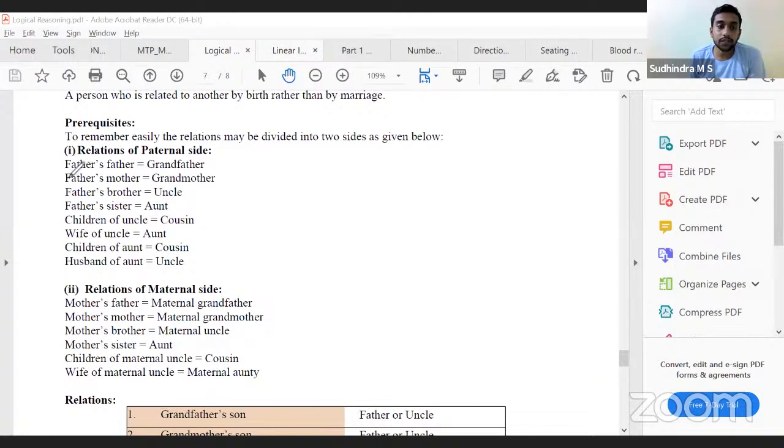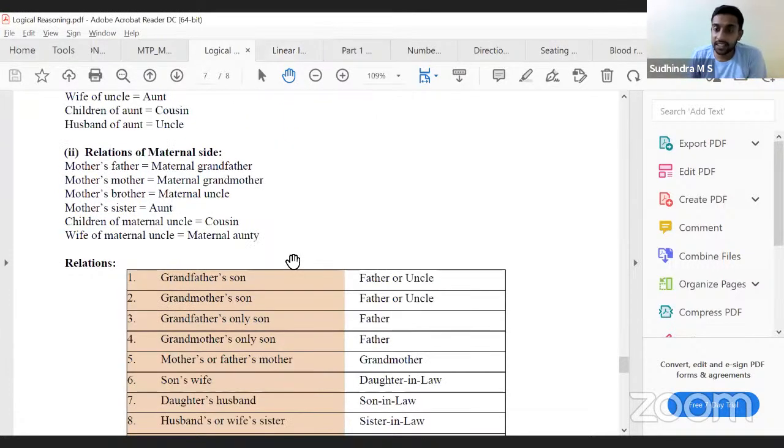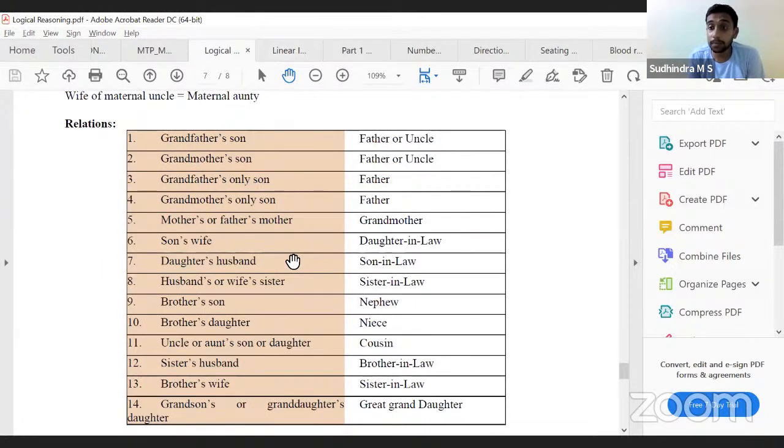Father's father, grandfather; father's mother, grandmother; father's brother, uncle; father's sister, aunt; children of uncle, cousin; wife of uncle, aunt. There are various other relationships given. Focus on the relationships; we have to get them right. Second, we have to get the gender right in the questions.